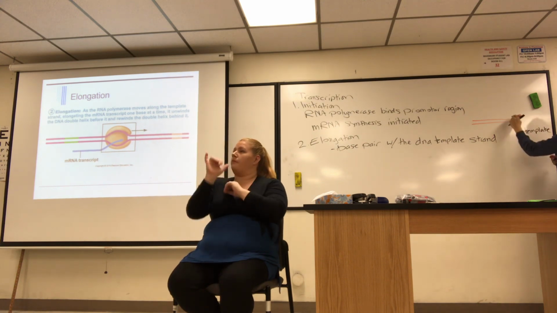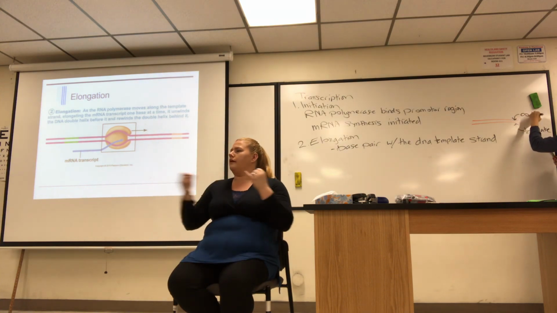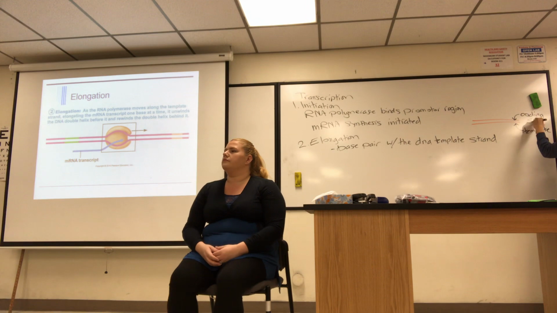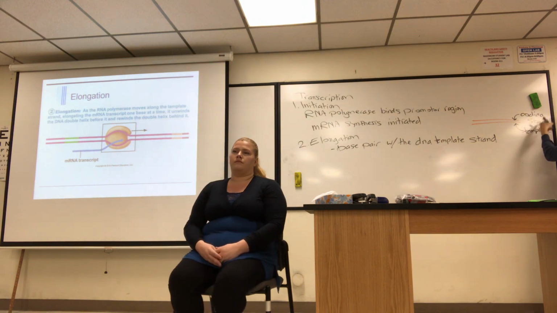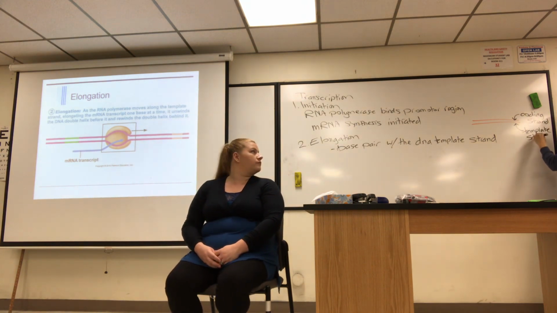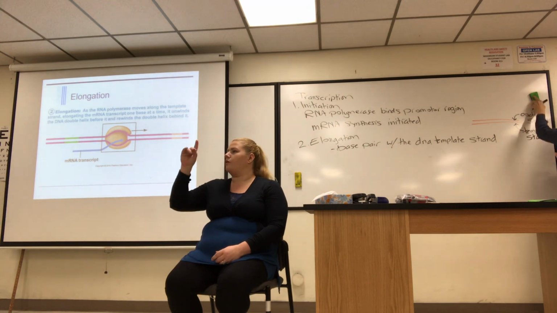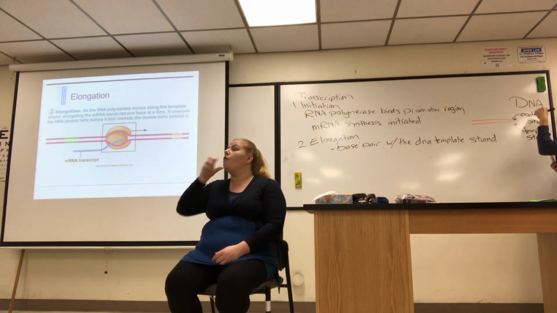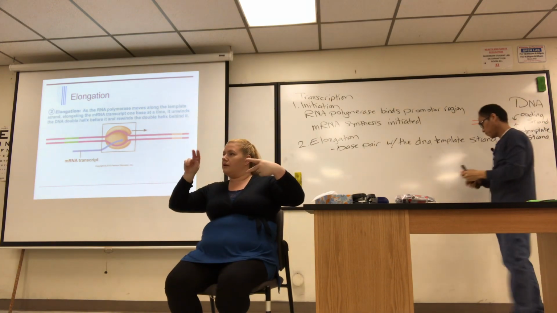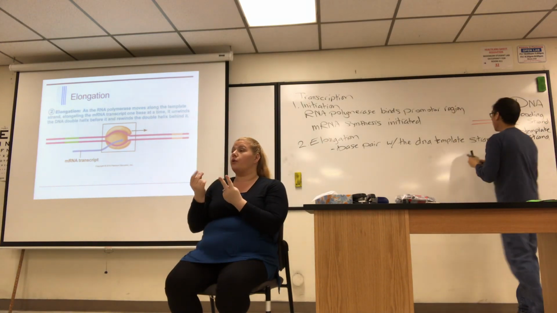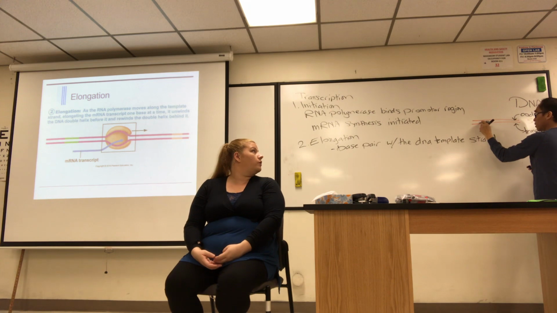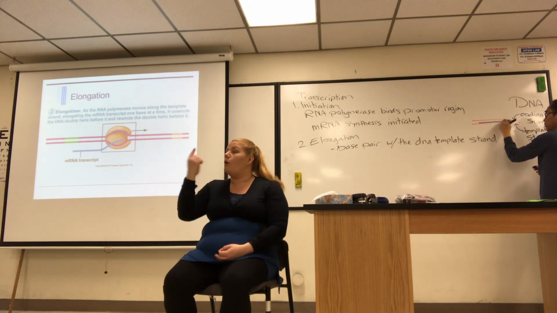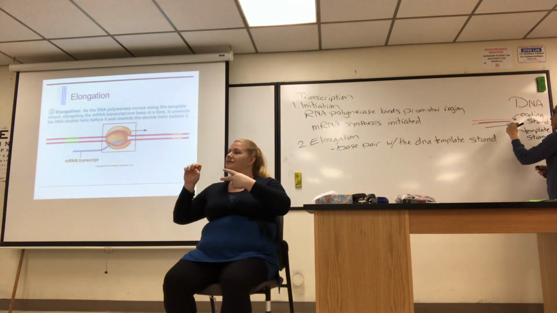Call the other one the coding strand. Coding strand, template strand. Remember, that's DNA, what I drew in orange. But when you base pair, you're base pairing only with the template strand as you elongate in one direction.